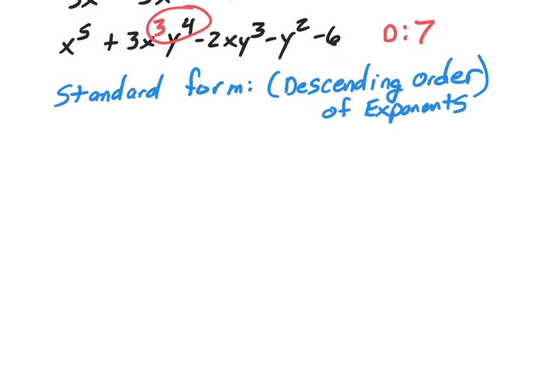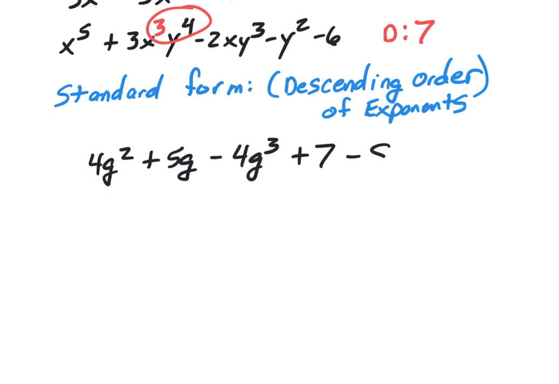Okay, so for instance, if I gave you one like this, 4g squared plus 5g minus 4g cubed plus 7 minus 8g to the fourth. If I were to rewrite this in standard form, standard form means we're going to start with the highest exponent or degree, and we're going to go to the lowest exponent or degree.